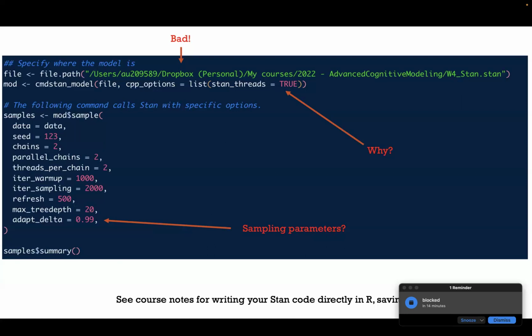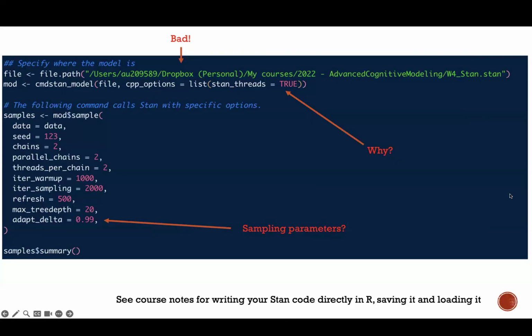If the model is very slow, you might want to put it much lower so you actually see whether it's sampling at all. Okay. Does this make sense?